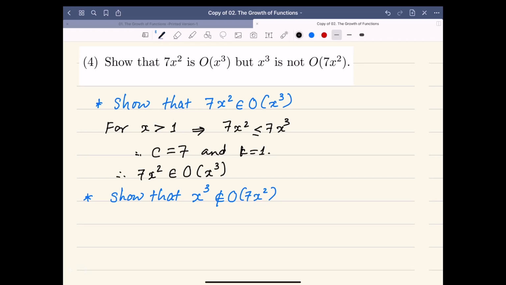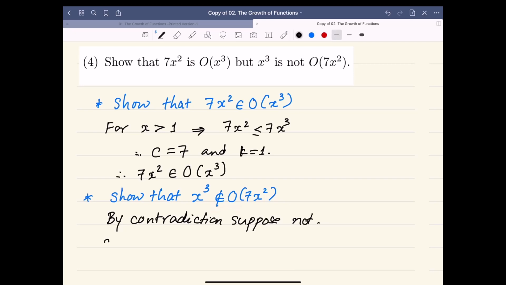So we say by contradiction, suppose not. And when we suppose not, it means we have to take the negation of this statement.